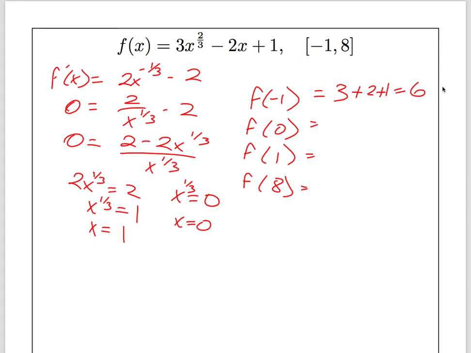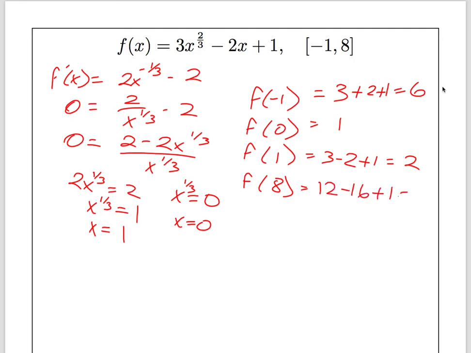Plug in 0. That was pretty simple. It's 1. Plug in 1. That's 3 minus 2 plus 1. So that's going to be 2. 8. What's the cube root of 8? 2 squared, 4 times 3 is 12. 8 times 2, that's 16.